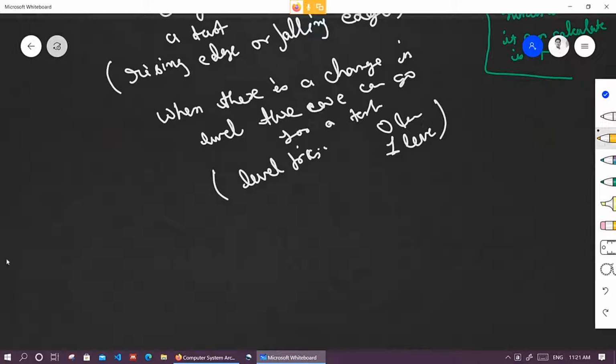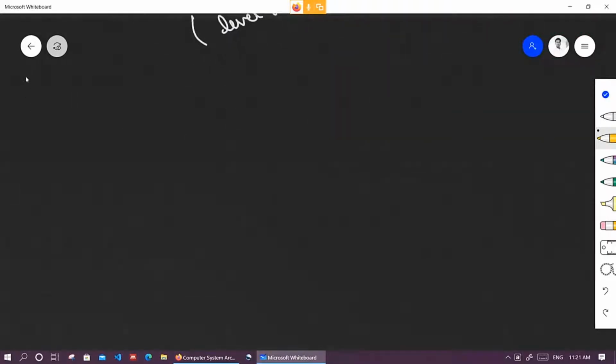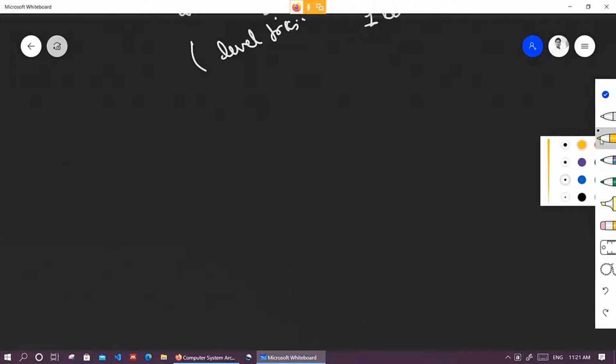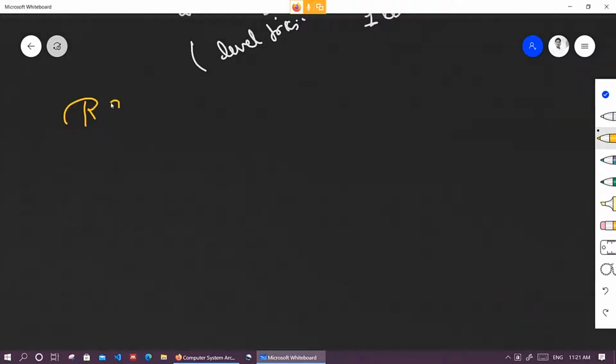So now I'm starting the RS flip-flop with a clock, and why it is called an RS flip-flop, because we are using a clock which is edge triggered. So I will go a bit quicker now because we have already studied the circuit. Fine.